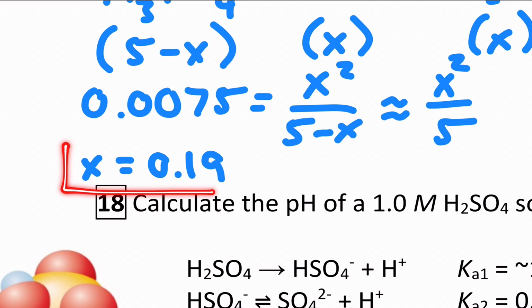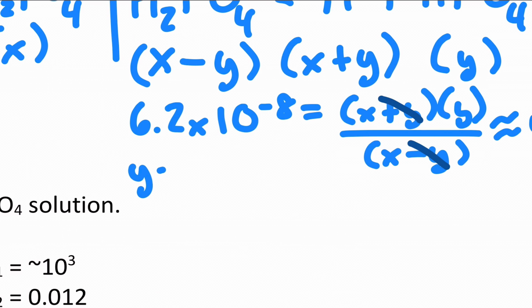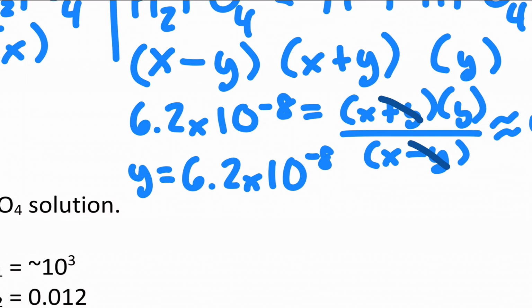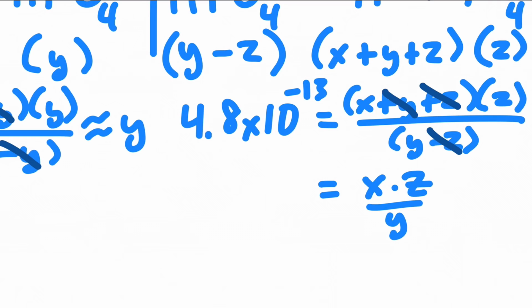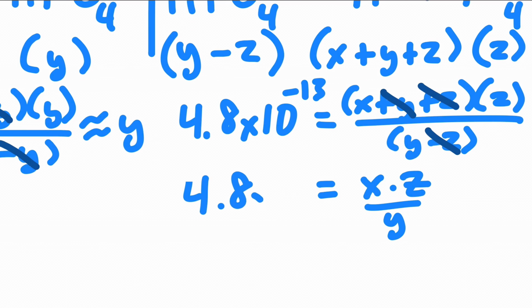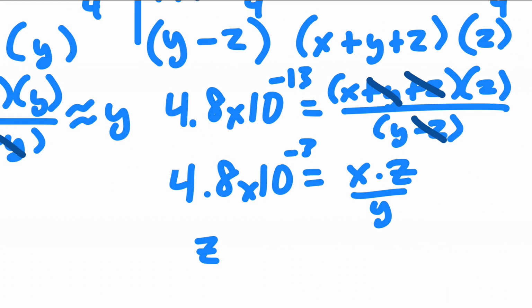We already got x. I'll put a box around it. We actually already got y as well. Y is equal to Ka2, 6.2 times 10 to the negative 8. And then we can get z because we know that Ka3 we just determined is equal to x times z over y.